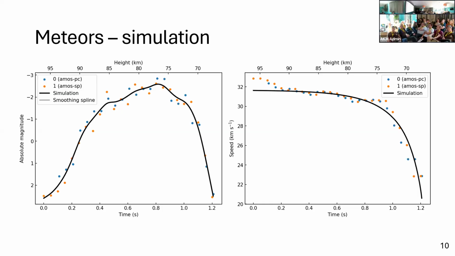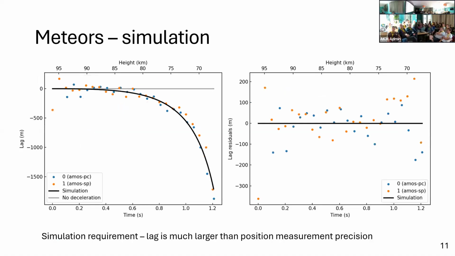if anyone has ever tried to calculate the speed from video frames, it's relatively tricky. But I have put it here because it's easier to imagine what is happening. But when we are trying to find the solution, the set of physical parameters, we are looking at absolute magnitude and position, not speed, but position.